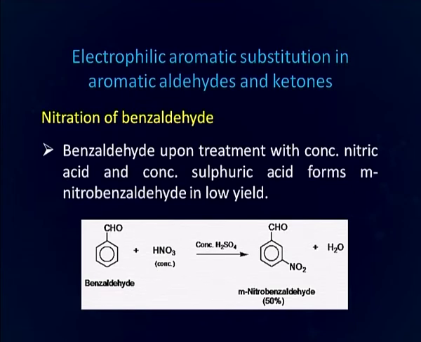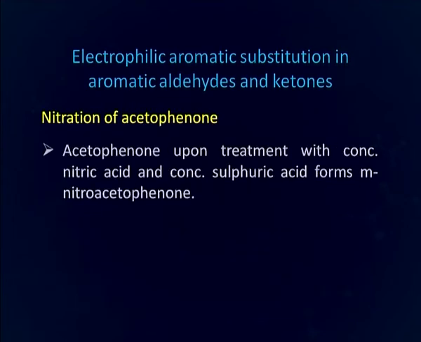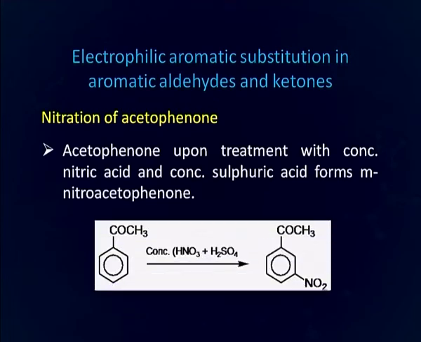It is normally used for nitration of molecules. We will now discuss the nitration of acetophenone, which upon treatment with concentrated nitric acid and concentrated sulfuric acid forms meta nitroacetophenone. In both cases, that is the aldehyde and the ketone, both have an electron withdrawing carbonyl group, and that is why both are meta directing and we get the meta substituted product.